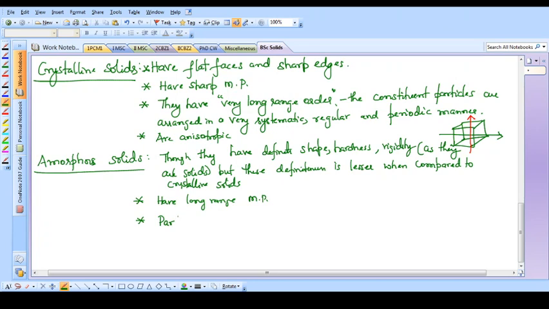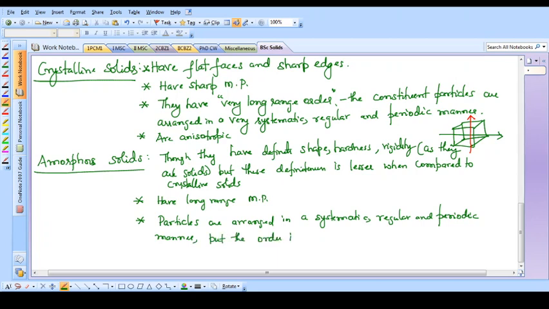Here particles are arranged in a systematic, regular and periodic manner, but the order is very short range. So though there is some regularity or periodicity in the arrangement of particles within the solid, it is of a short range order.